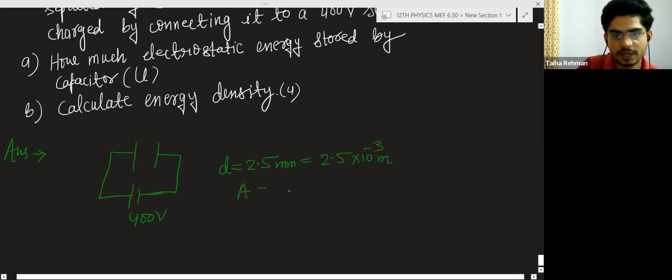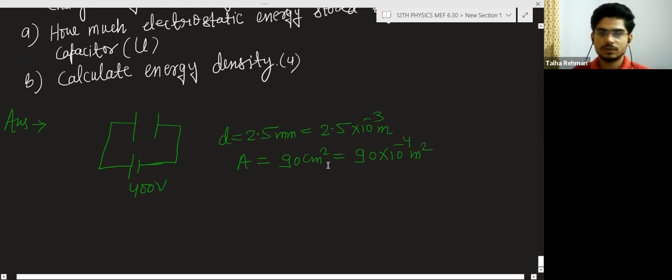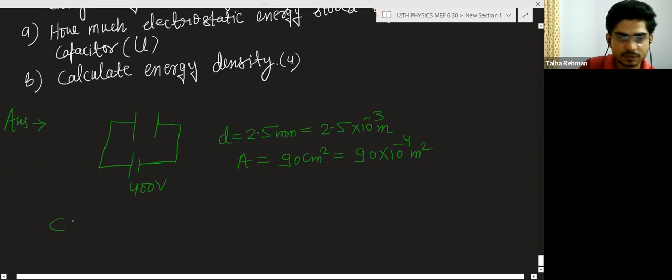And area is 90 centimeter square, so 90 into 10 to the power minus 4 meter square. Calculate the capacitance. And air is in between the plates.